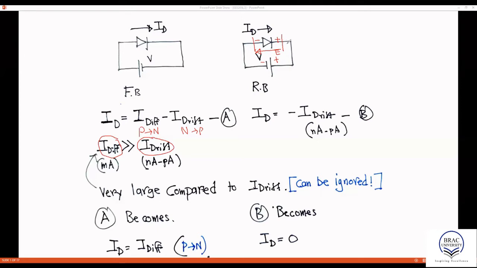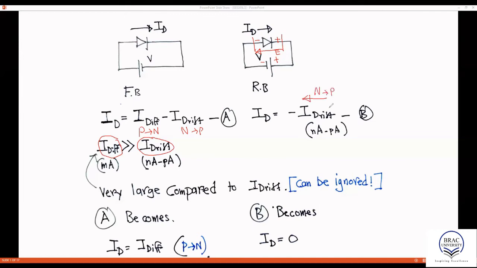However, since there is an electric field inside the depletion region, it allows the minority carriers to be drifted from P side to N side and N side to P side. So correspondingly, we're going to have a minority carrier current, which is I drift. Of course, this drift current is from N side to P side.